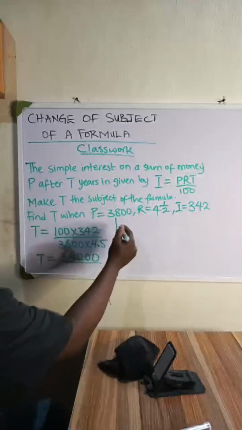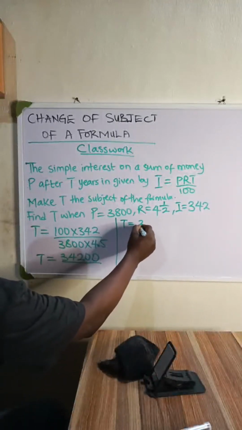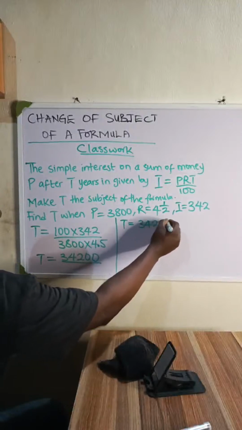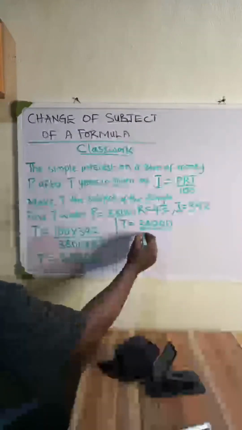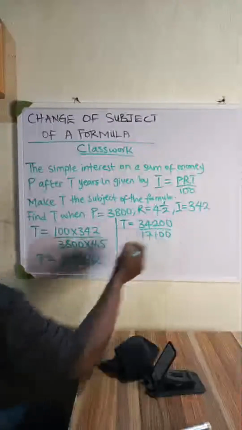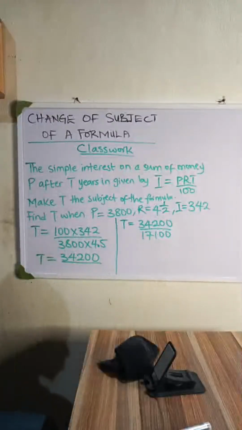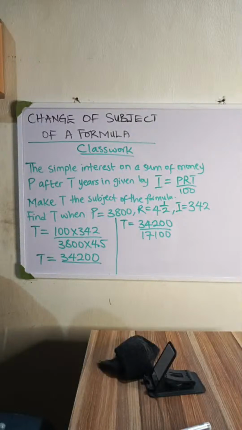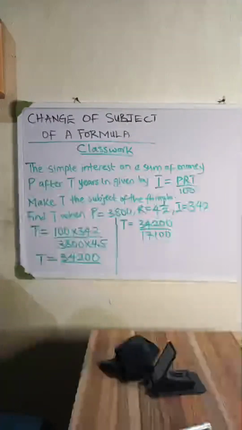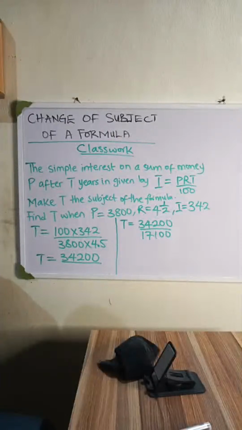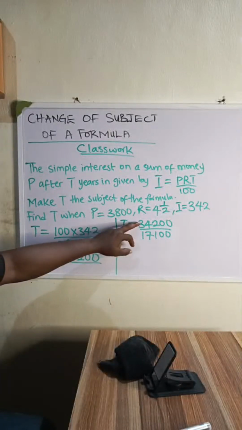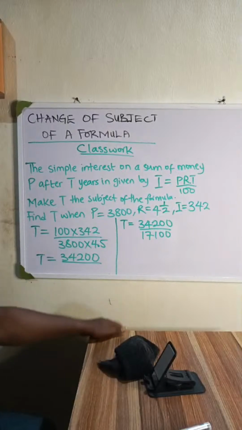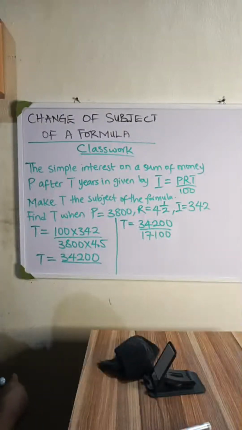So we have T is equal to 34,200 divided by 17,100. Mendy, you are quite close, but you didn't get the answer exactly. So 34,200 divided by 17,100 will give you 2.